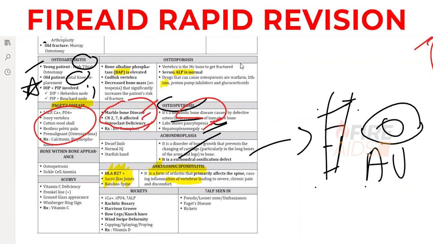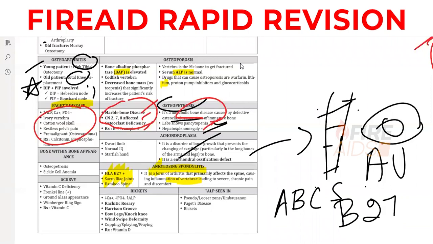Ankylosing spondylitis means anterior uveitis and HLA B27. Okay, so for ankylosing spondylitis I want you to remember A, B, C spine. A, B, C spine.